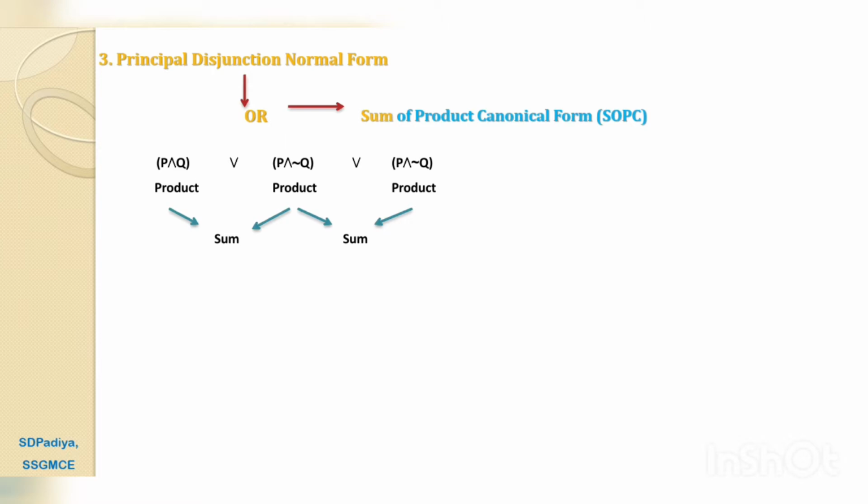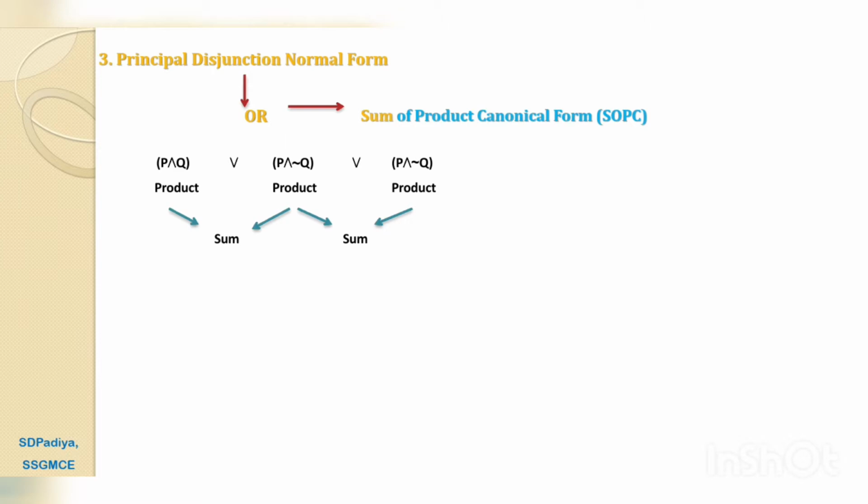P and Q is an elementary product term, P and not Q is an elementary product term, and P and not Q is also an elementary product term. These three elementary product terms are connected by a sum. That's why we call it the sum of product, meaning it is the disjunction normal form.